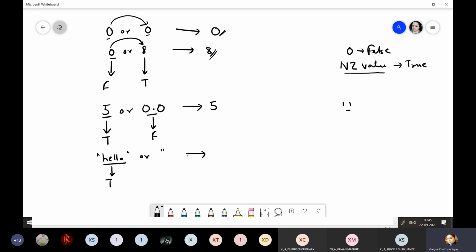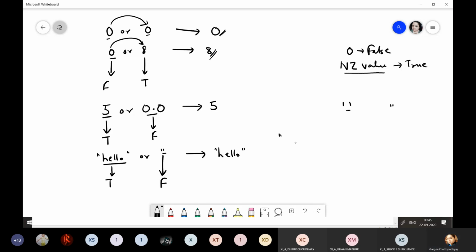And here what you can see is an empty string. Just two single quotes, one after the other. Means there is nothing in between the quotes. So that is an empty string. So that is what? False. What will I get? What will be printed? Hello. Hello will be printed.